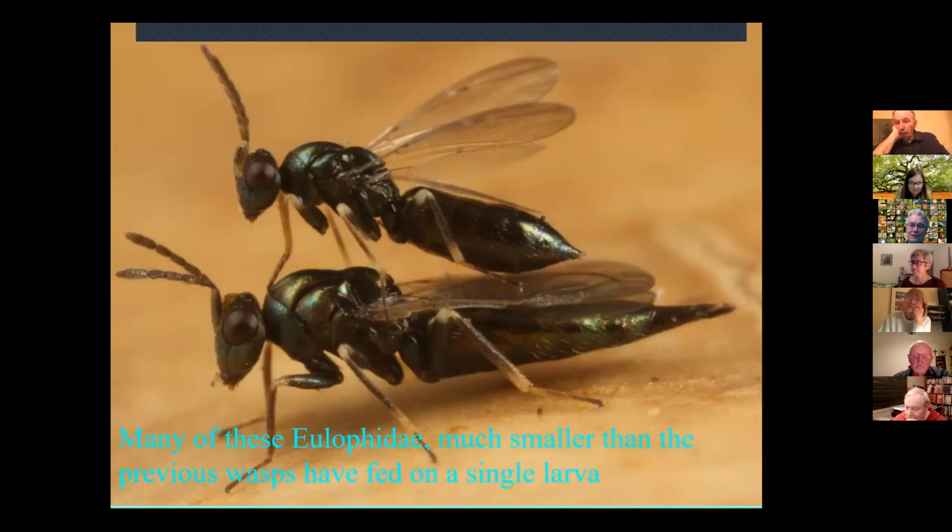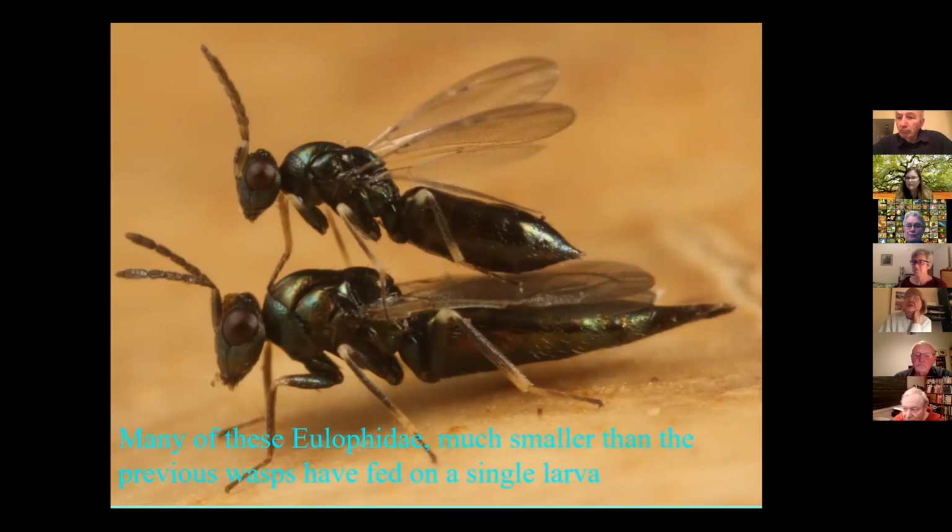So this is another one of those. These little eulophids, you can't see as well from this picture, but they're actually a metallic green if you look closely. You can see the green highlights. These are tiny, much tinier than the ones we just saw, and we're going to get a whole bunch of them inside each larva.